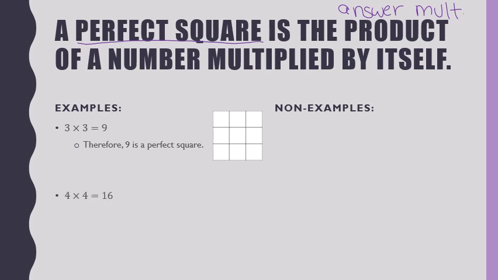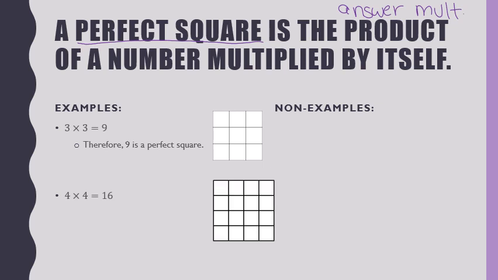Four times itself is 16. So if I draw that out, I have 4 times 4 gives me 16 pieces. 16 can be made into a perfect square when we line it up 4 by 4. So therefore, 16 is a perfect square.